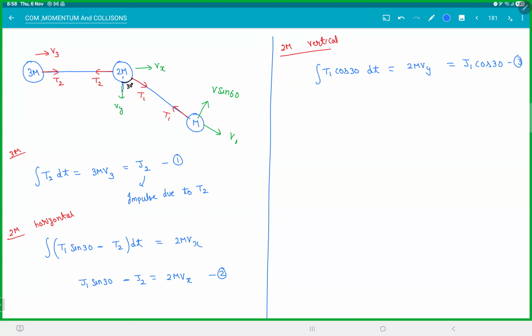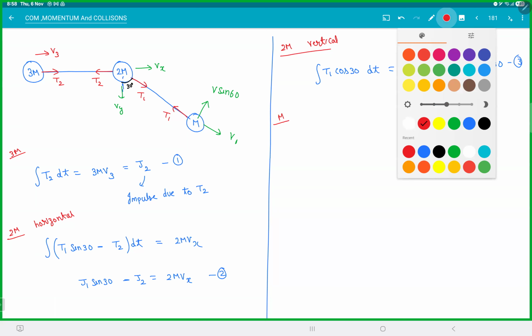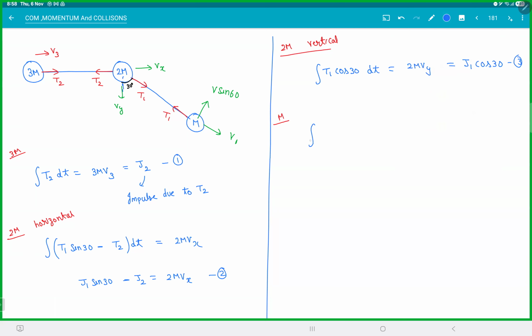And then for m, that component is anyway fine. That will be minus T1 dt, that is in the opposite direction. Initially, what was the velocity?